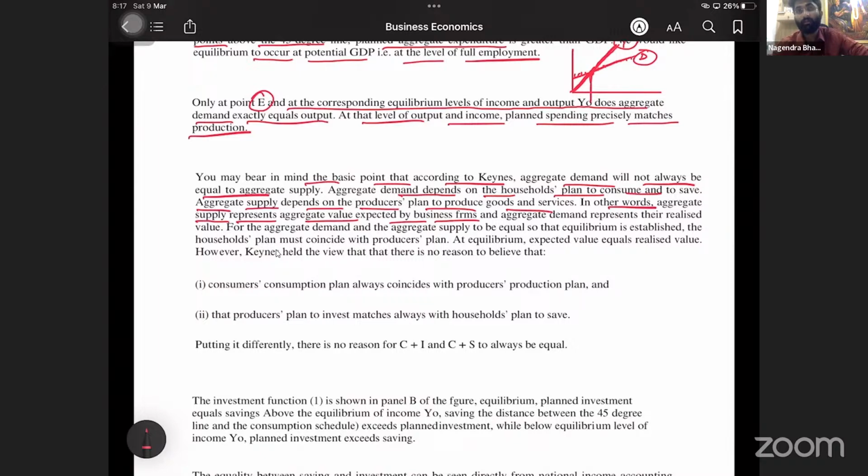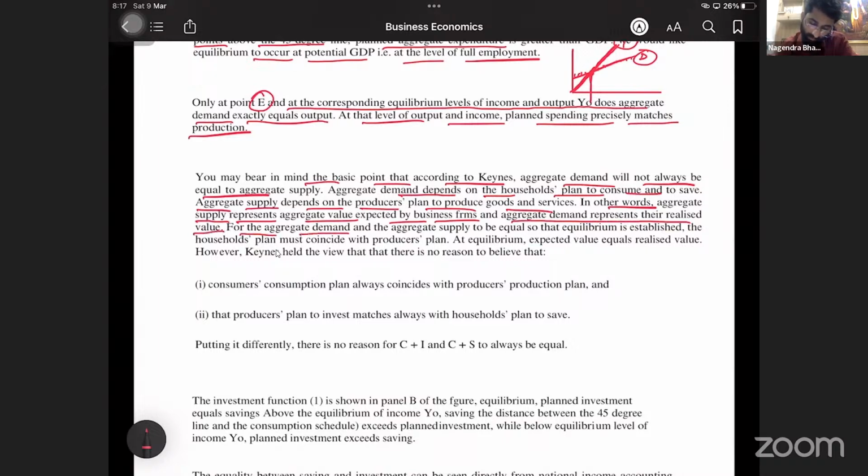It is not required that they will produce what the consumer requires. In anticipation of more sales they may produce more, or because of non-availability of raw material they might produce less. And aggregate demand represents their realized value.